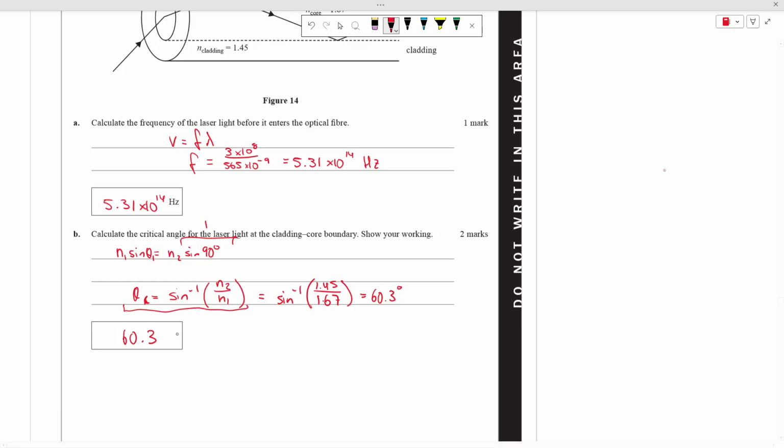Okay. Just be careful with your critical angle that you don't swap these two around, because then you'll get a math error, because you can't take inverse sine of a number bigger than 1. This fraction in here has to be less than 1, or between 0 and 1. Alright.